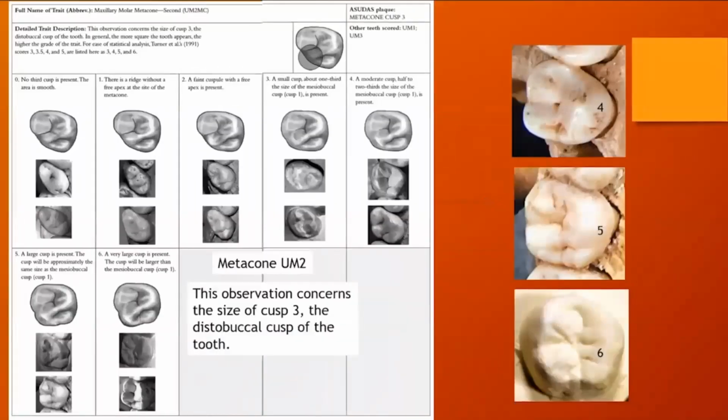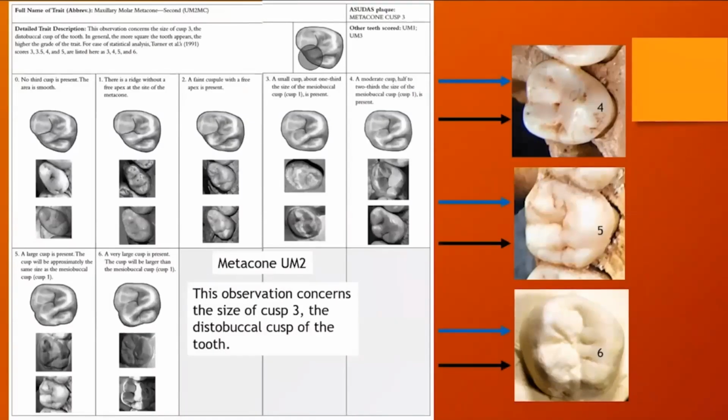We do the exact same thing here. This is the second molar. And what we find is that, first of all, second molars tend to be smaller overall and have smaller expression of all of these different cusps. So if we look, it's the same kind of thing. Score 4 here means that this cusp is about 2/3 the size of this cusp.